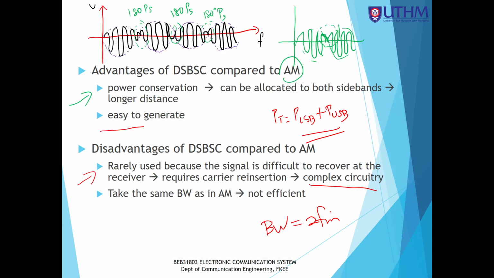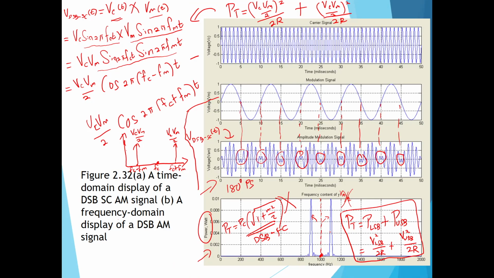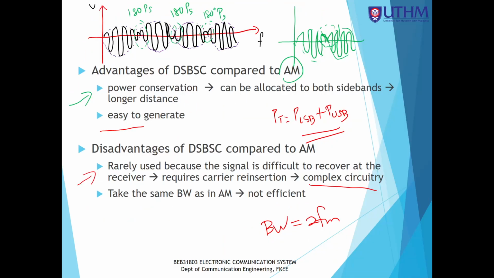Okay, why? If you see from this picture, the distance of upper and lower sideband is FM and FM, so it is 2 FM. Okay, in terms of bandwidth, same as full carrier. So it is not efficient for certain kinds of applications.